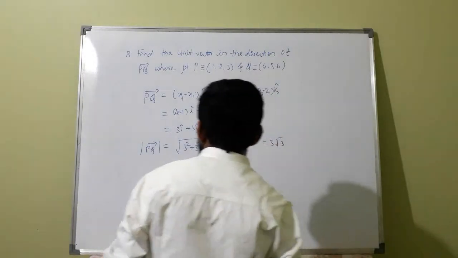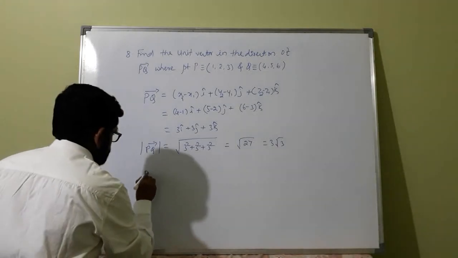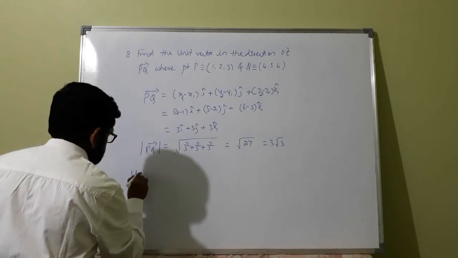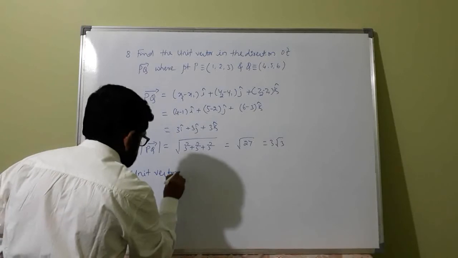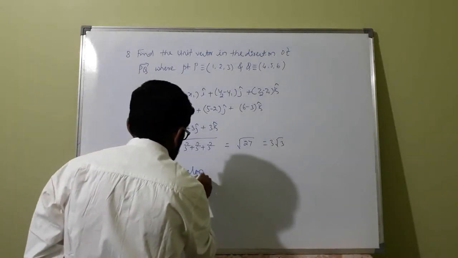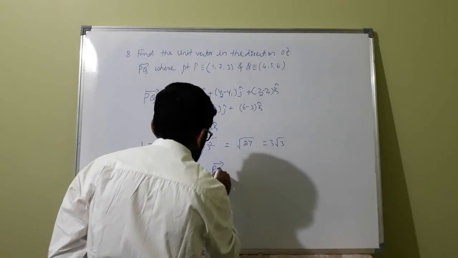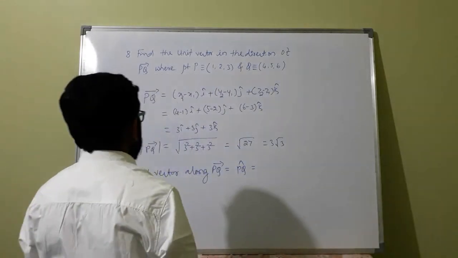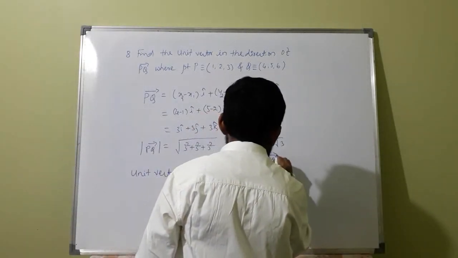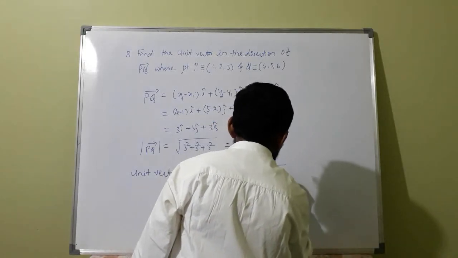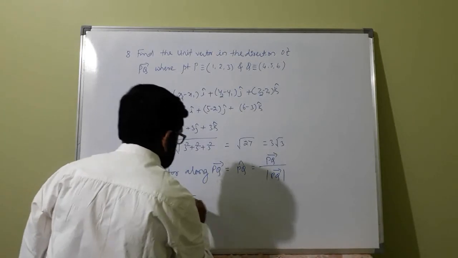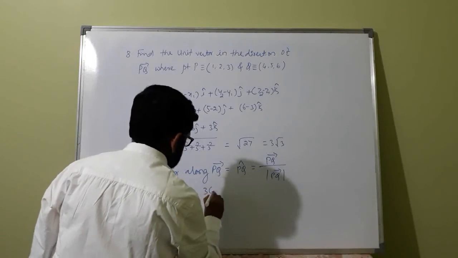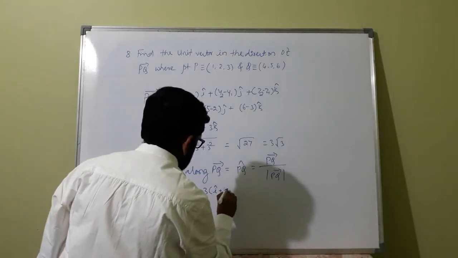Now the unit vector in the direction of PQ is denoted by PQ cap is equal to PQ divided by magnitude of PQ is equal to 3 times i plus j plus k.